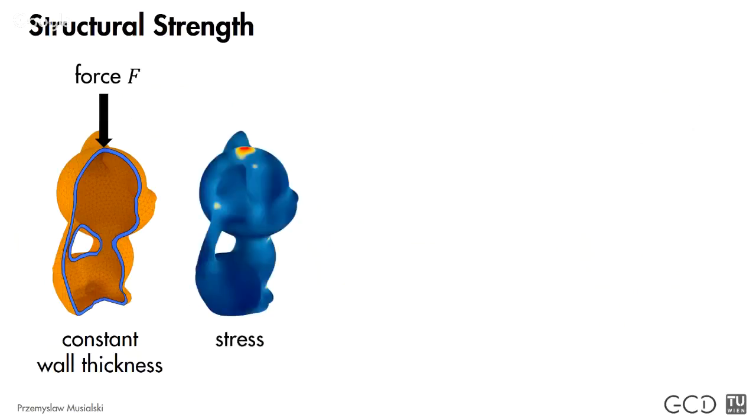So we have pre-computed the Von Mises structural values for this object, and it resulted in the object yielding, so it will break, at this point. And then we optimize the object to withstand twice the force. So we want the object to withstand twice the same force, and we want to minimize the volume, so the usage of material. We want to have it still as thin as possible.